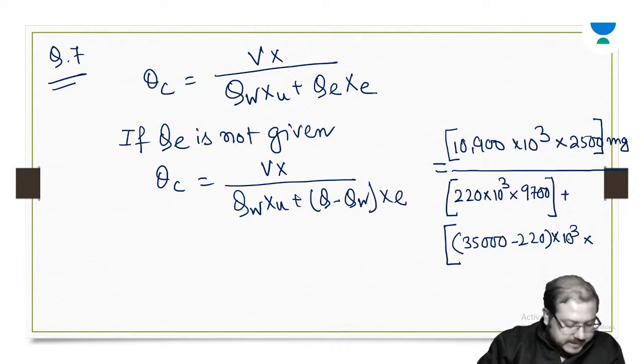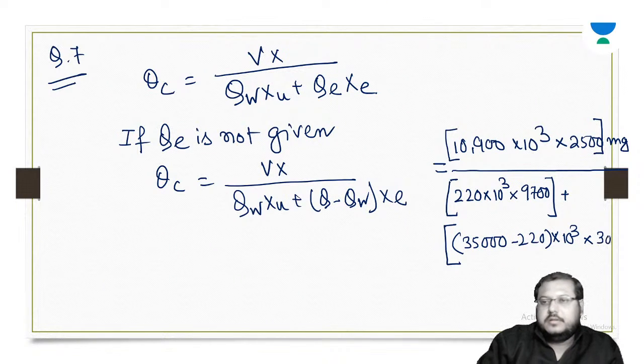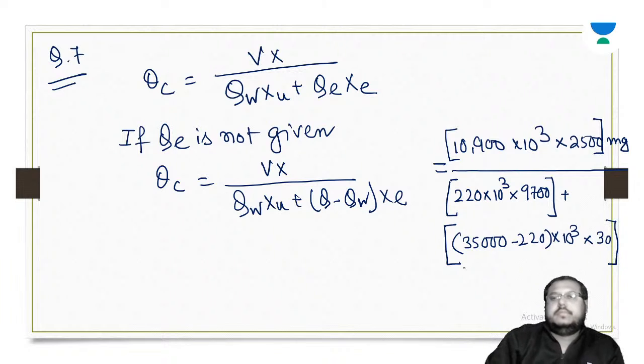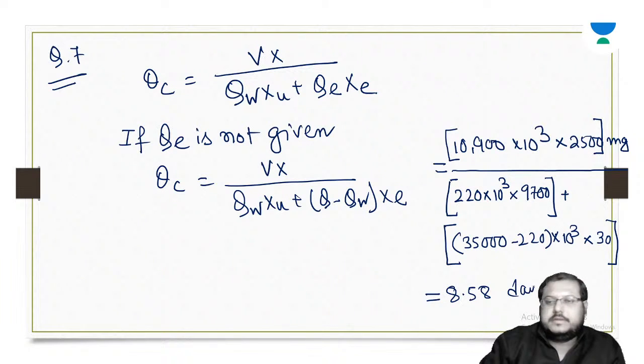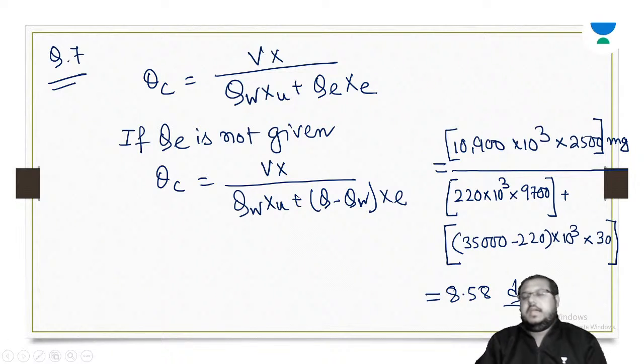What is XE? XE is also provided, right? 30 milligram per liter. From here, you are going to get the value as 8.58, obviously in days. 8.58 days. Have a look.